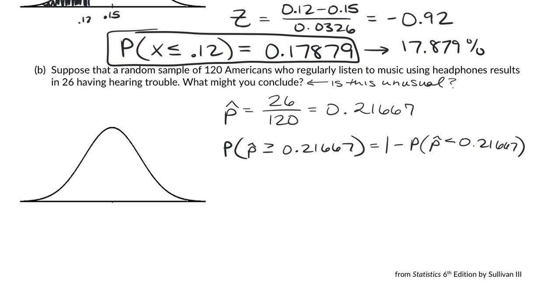To do this, we need a z-score. To find a z-score, we need the mu and the sigma. We already figured those out in the last question, though. Hooray. So let's find the z-score. The z-score for this random variable will be x, which is 0.2167, minus 0.15, divided by 0.0326.